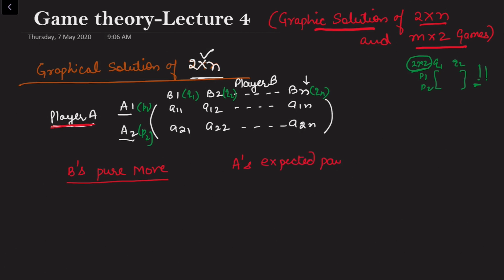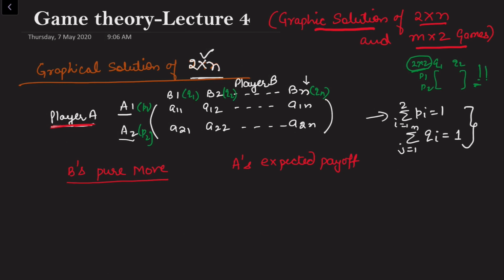Expected payoff means expected gain for player A. We also know that the sum of the probabilities is always equal to 1. There are only 2 Pi's, so they sum to 1, and in the other case J varies from 1 to n, so the Qj's also sum to 1. So the total sum of the probabilities is equal to 1.